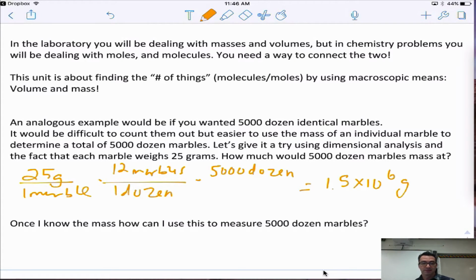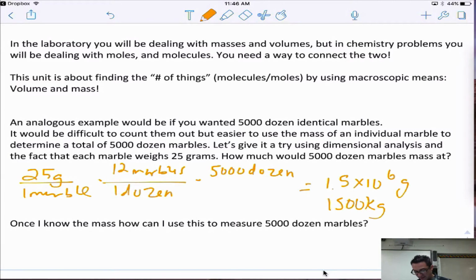So now instead of me having to measure out 5,000 dozen marbles, that's 60,000 marbles, I don't have to do that anymore. Now what I can do is just say, give me 1.5 million grams, or this would be about 1,500 kilograms. Weigh out 1,500 kilograms of marbles, and I'll know that that's 5,000 dozen.